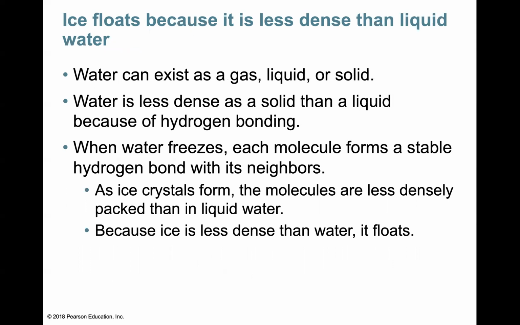And therefore, when water freezes, each molecule forms a stable hydrogen bond with its neighbor, okay? As these ice crystals form, the molecules are less densely packed than liquid water. Because the ice is less dense than water, it floats, okay?